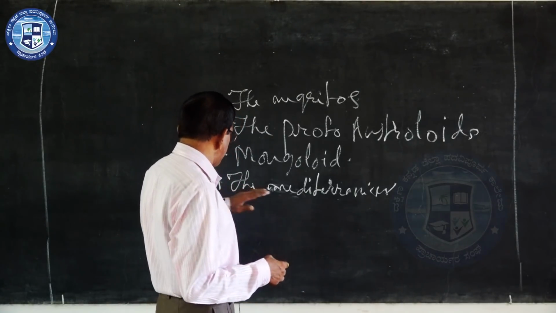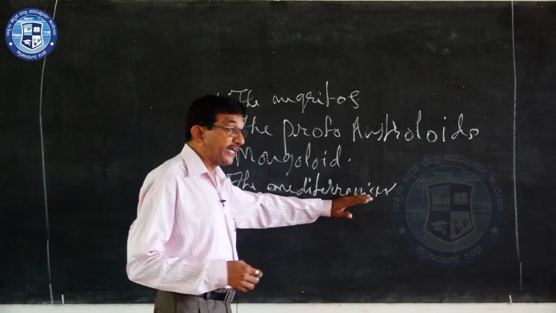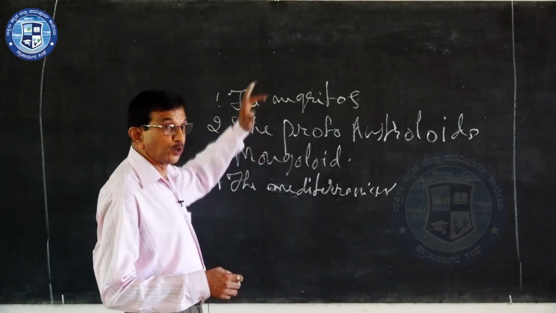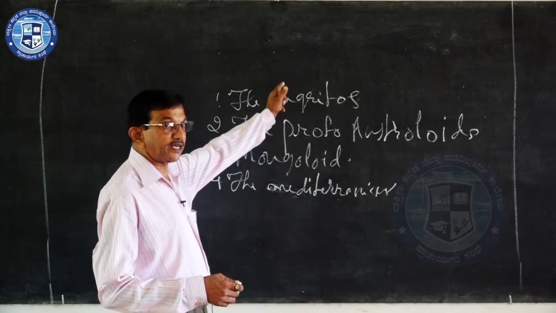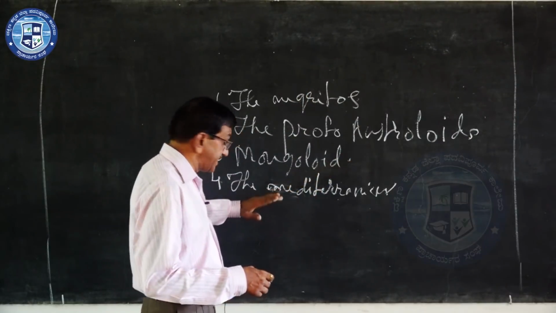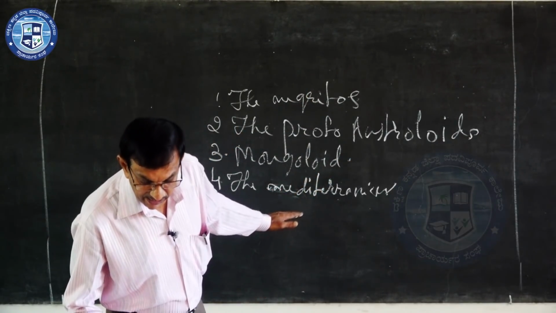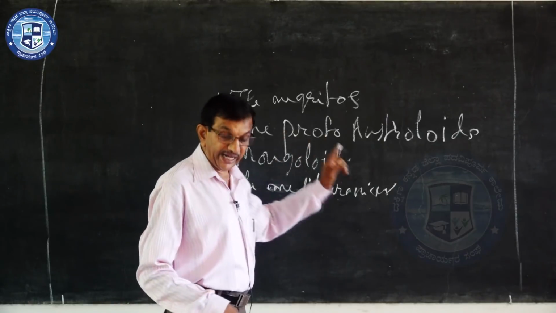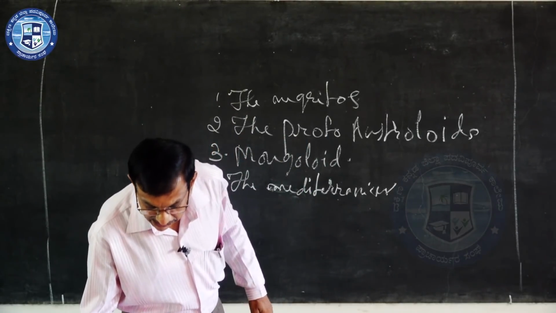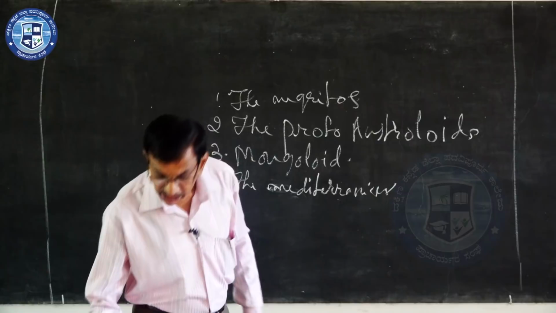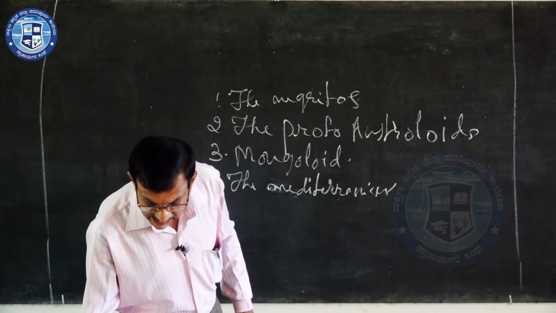See once again, here we can find 3 subdivisions. Under Mongoloid there are 2 subdivisions: Paleo-Mongoloid, Tibeto-Mongoloid. But here 3 categories: Paleo-Mediterranean, Mediterranean and Oriental type.